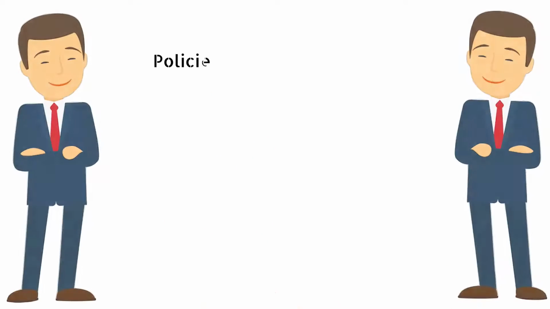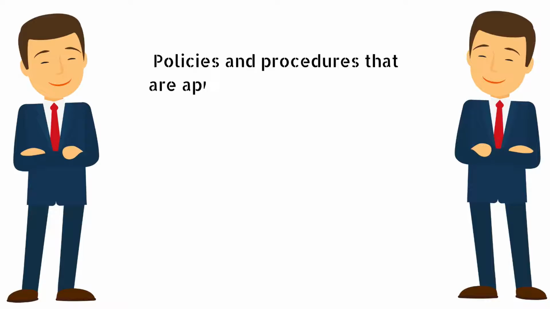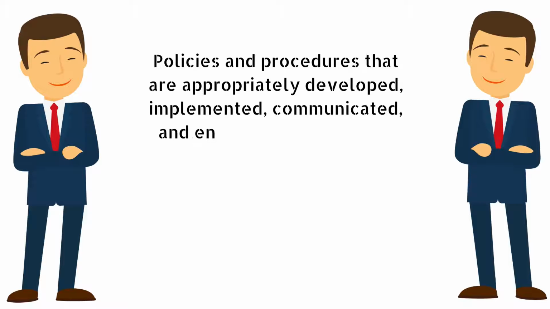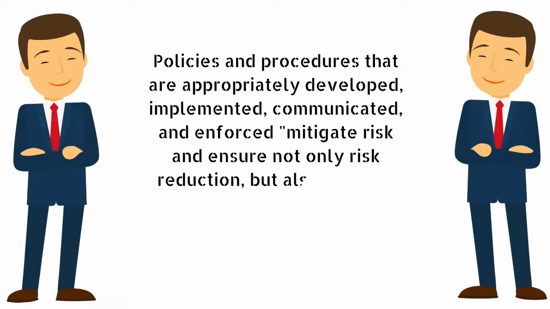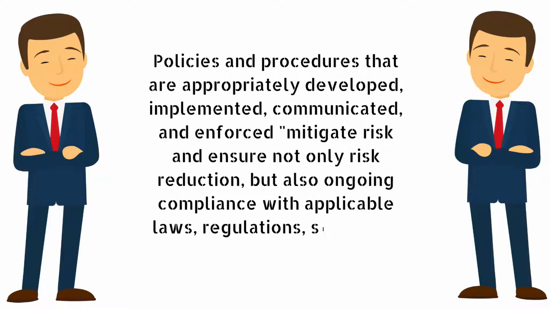Policies and procedures that are appropriately developed, implemented, communicated, and enforced mitigate risk and ensure not only risk reduction, but also ongoing compliance with applicable laws, regulations, standards, and policies.